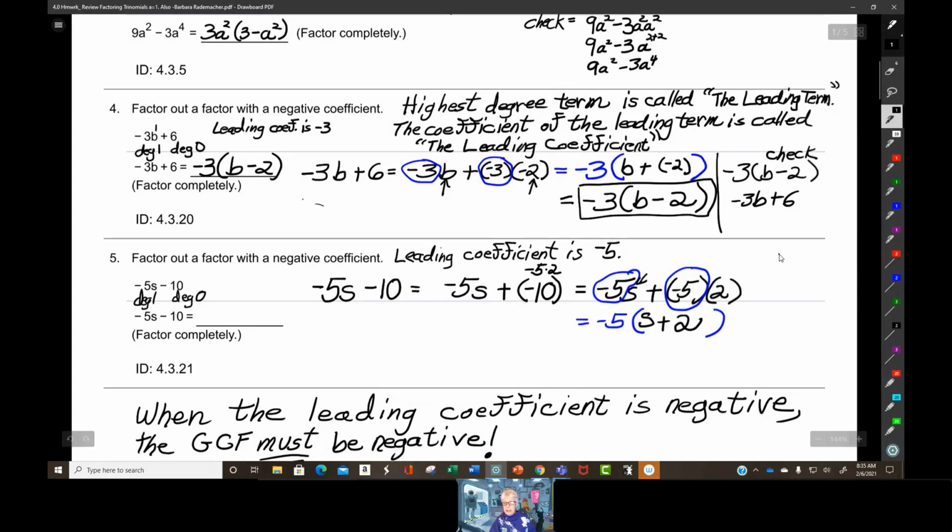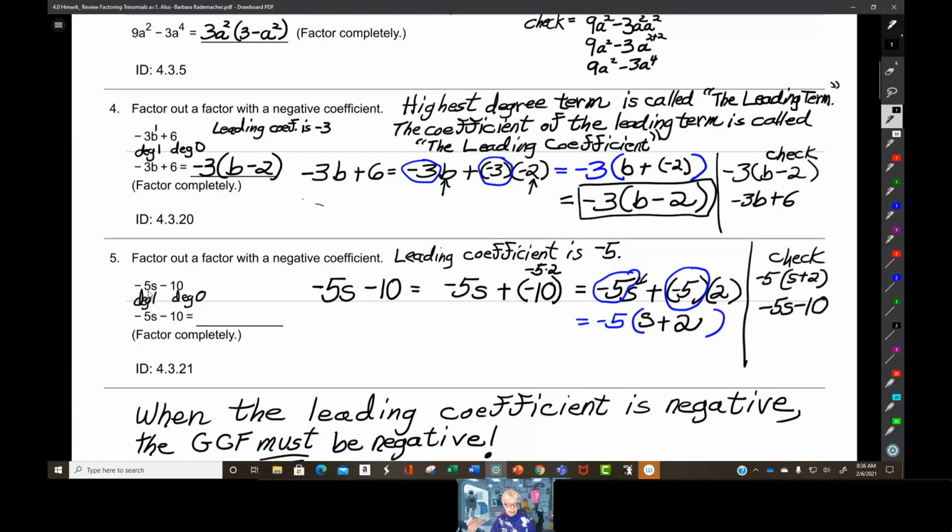Now, if I check my answer, start with negative 5 times s plus 2. I distribute negative 5 to the s and to the plus 2. What I get is negative 5s, and negative 5 times plus 2 is negative 10.